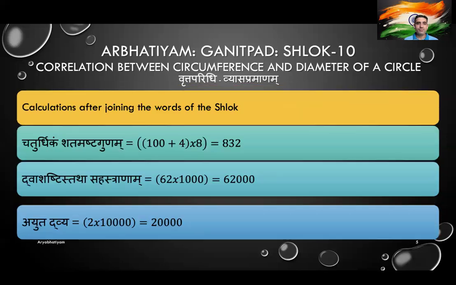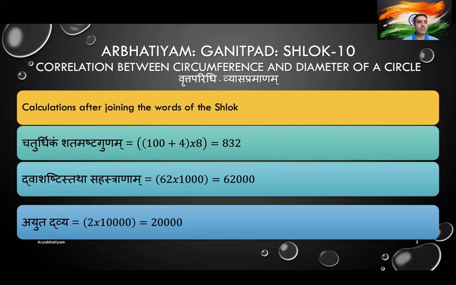Now, if we get into the calculations of the words which are talking about numbers, Chaturdhikam Shatamashtagunam. This particular phrase is a perfect example of BODMAS, which we learned in school mathematics: bracket, of, division, multiplication, addition, and subtraction.